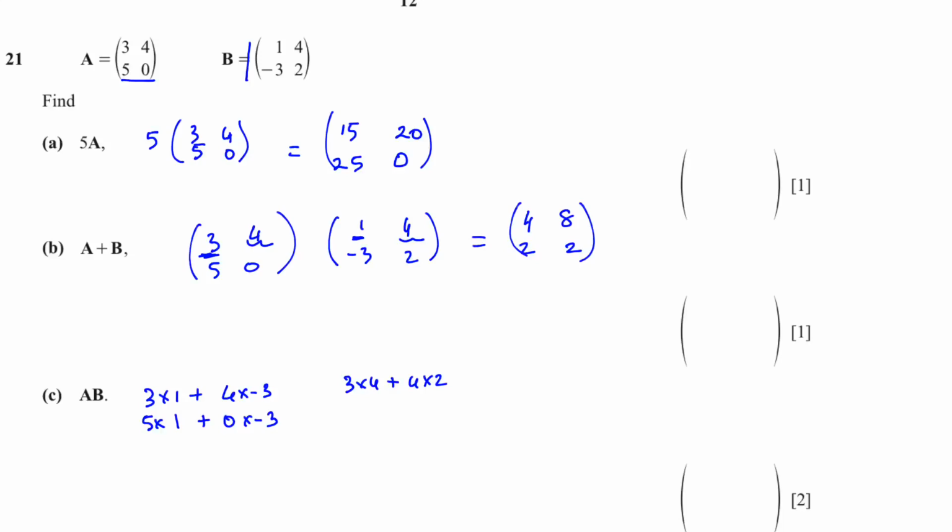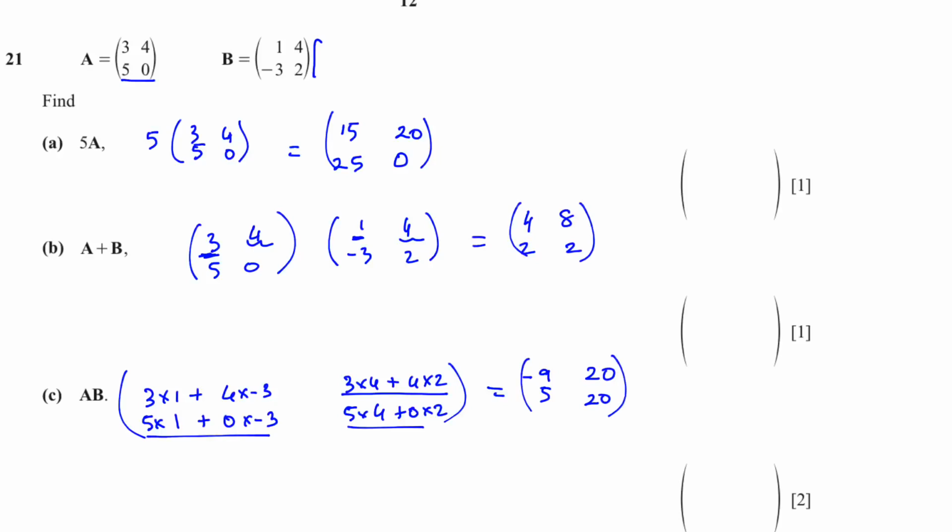And then with the second column. 5 times 4 plus 0 times 2. So this whole thing, we will take it as one term. So 3 multiplied by 1 plus 4 multiplied by negative 3 will give you negative 9. And this will give you 20, will give you 5, and will give you 20. So that's your answer. Matrices has been removed from the syllabus from this year, 2020 onwards.